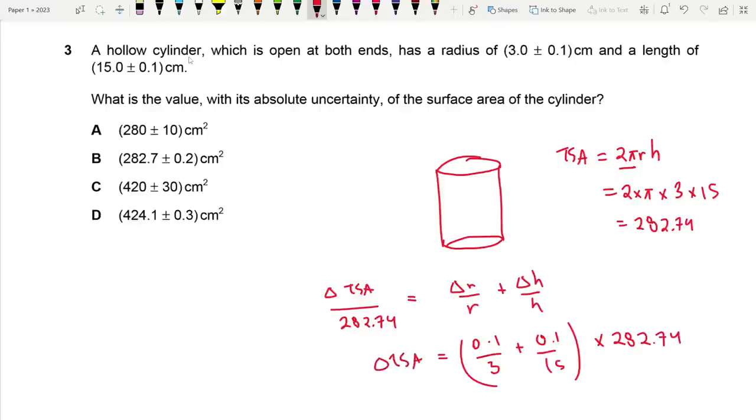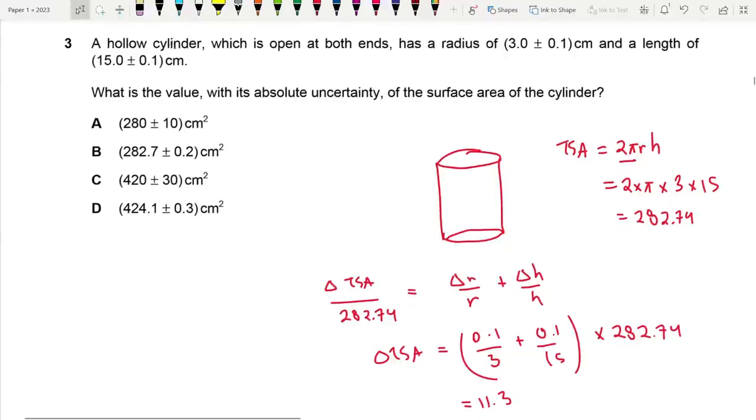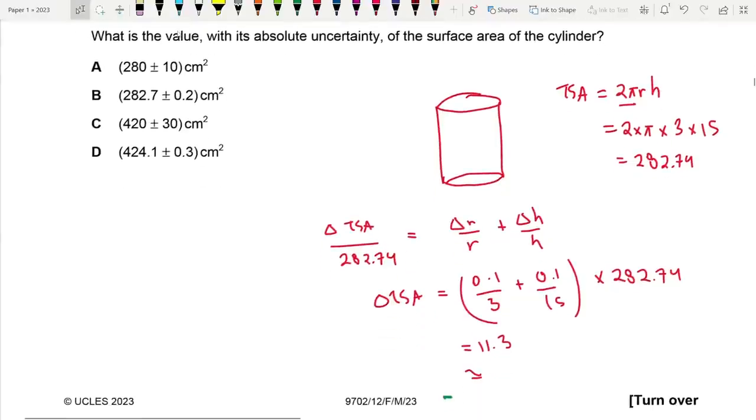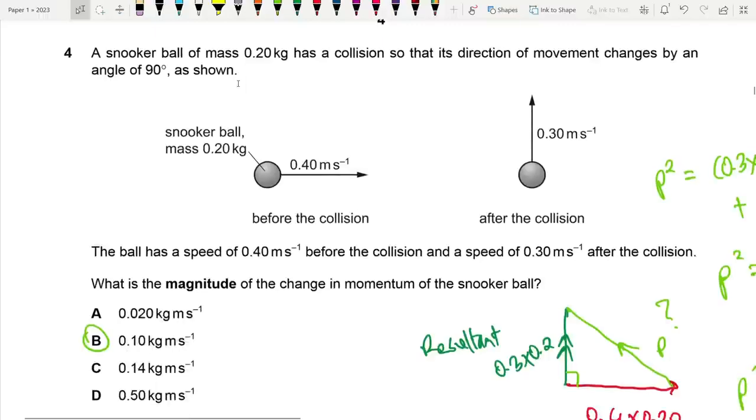How much is that? Let's see. So 18 by 5 pi or 11.3. We know that uncertainty can be given to one significant figure only. So if we round this off to 1 SF, it is 10. So the correct answer should be 280 plus minus 10. I'm going to go with A. That is the correct answer.